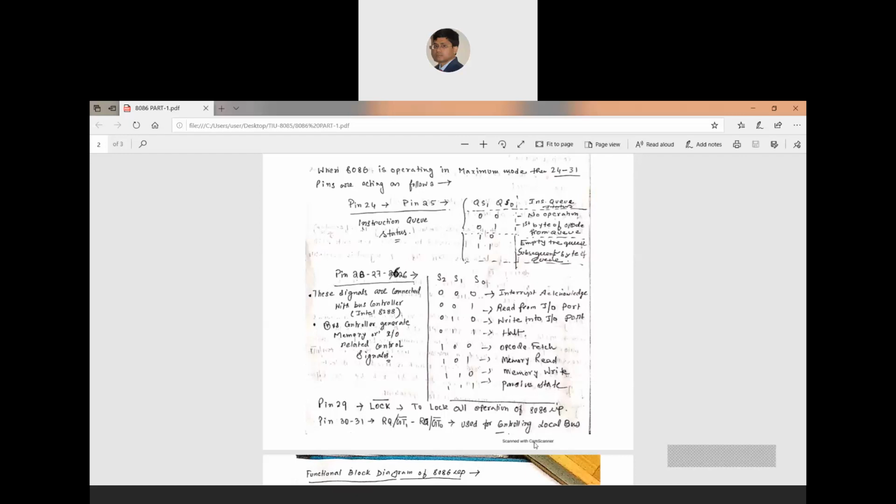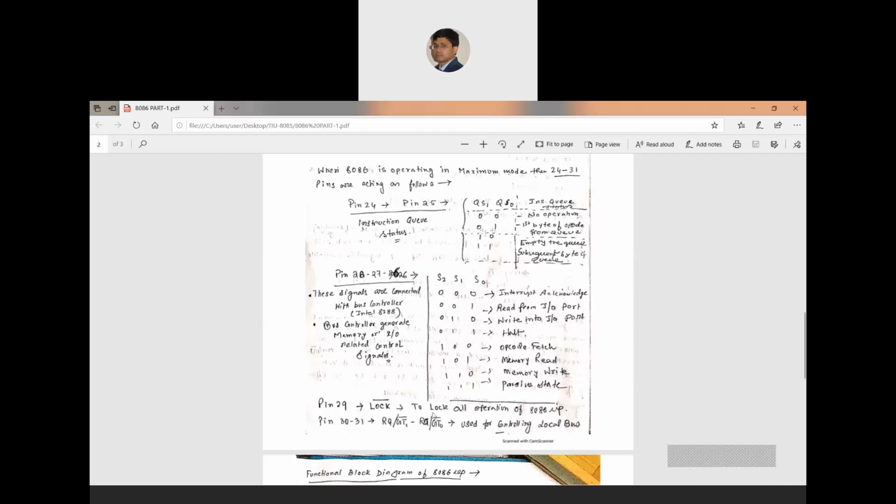And pin number 30 and 31, these two pins are used for controlling the local bus. So actually, in a multiprocessor system, as there are multiple processors, the address bus and data bus of the 8086 become the local bus. Okay, so that local bus is controlled by pin number 30 and 31.